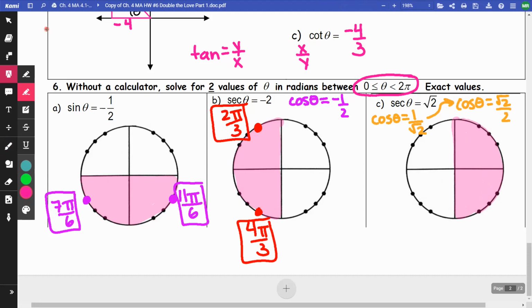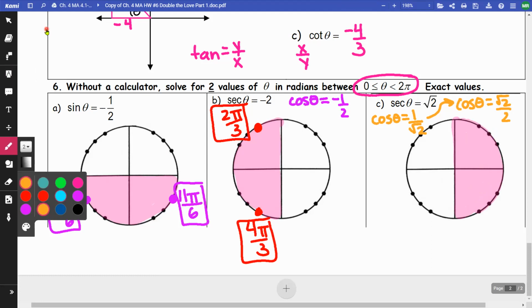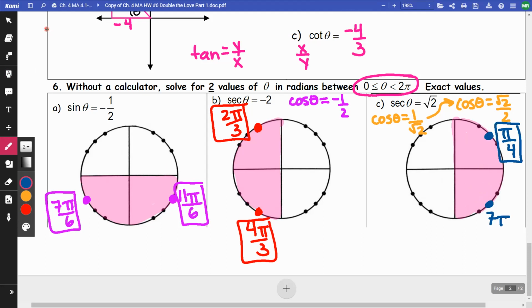And I want where my cosine is root 2 halves, which is going to be here and here. So this is going to be pi fourths, and the other one's going to be 7 pi fourths. And that's the end of the video for the first worksheet, which is the no calculator.